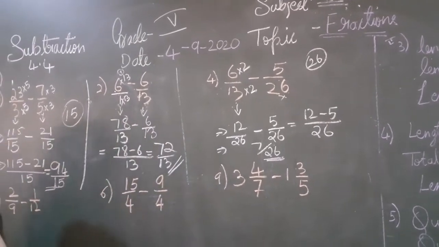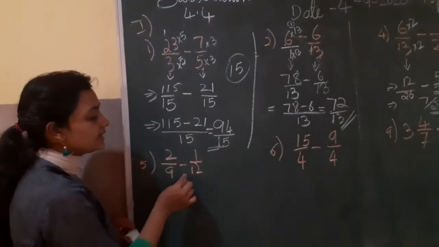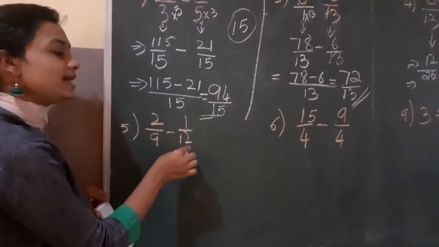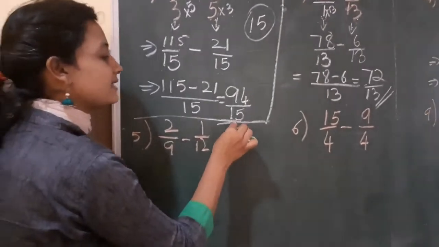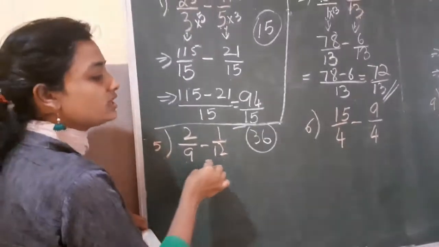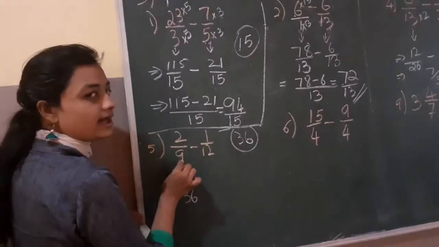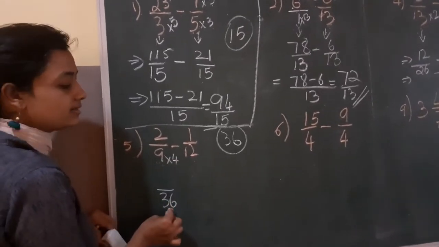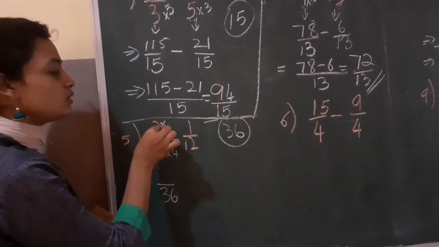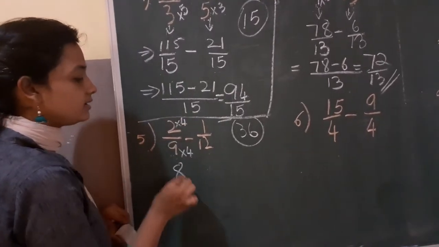So let's go now for the next sum. First one, that is 9 and 12. What is the LCM for this? The LCM is 36. So I have to convert both. So first one, 36. I have to multiply 9 with 4. 9 4s are 36. So multiply 2 also with 4. 2 4s are 8.